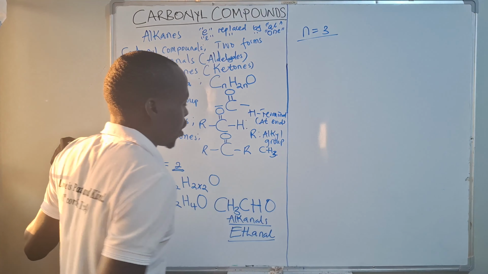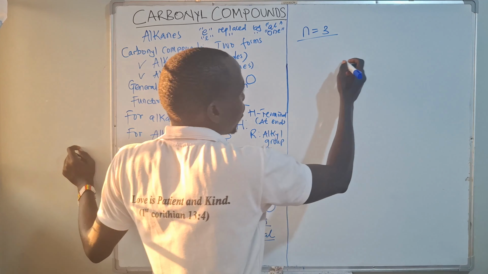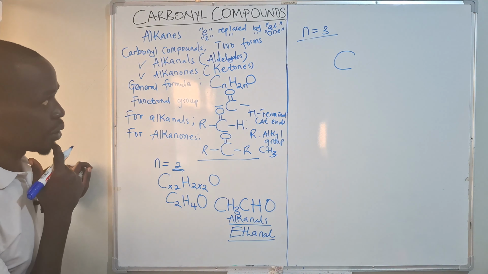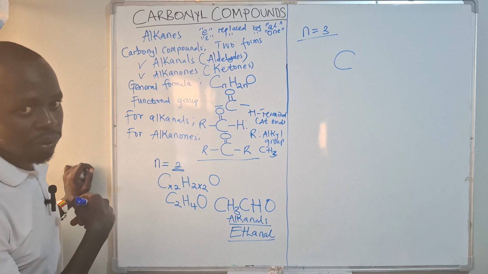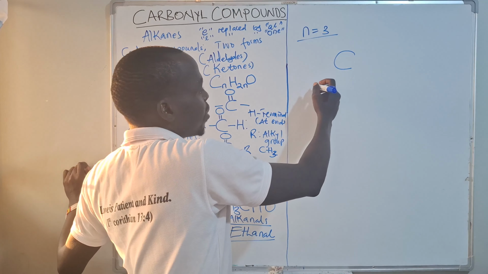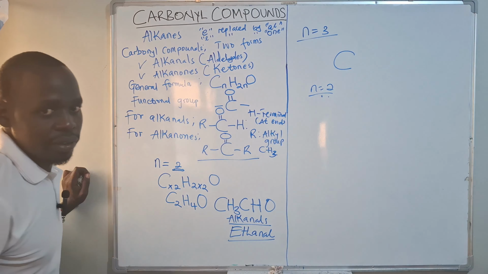Why? Because when we look at the functional group, there is a carbon atom already. So now this time round, we are starting from n equal to 3. Because there is 1 carbon atom given, if I say n is equal to 2, I'll not be in position to get what I'm looking for in alkanones.